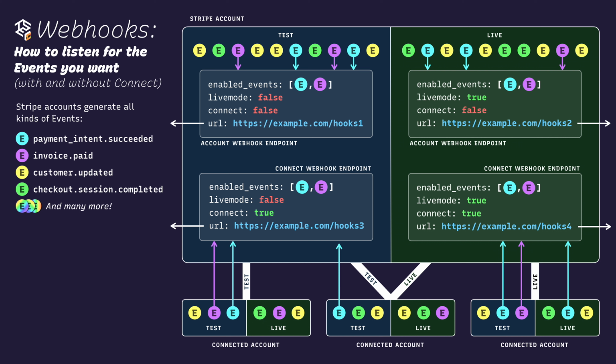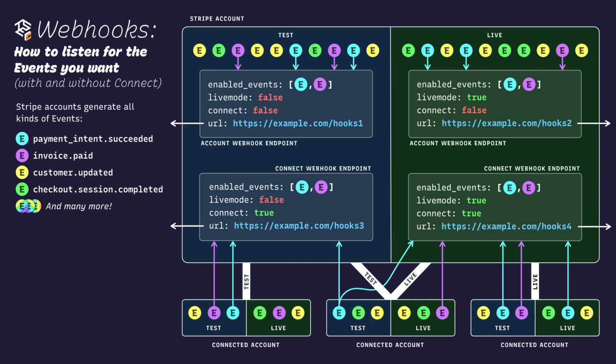With this configuration, test mode events on the connected account will go to the test mode Connect webhook endpoint because the account is connected in test mode. But those same test events will also be sent to the live Connect webhook endpoint along with the live events, because the account is also connected in live mode. This configuration is generally not recommended unless the platform has unusual requirements.